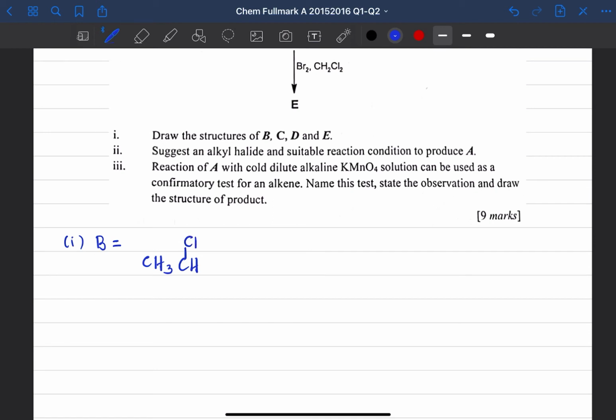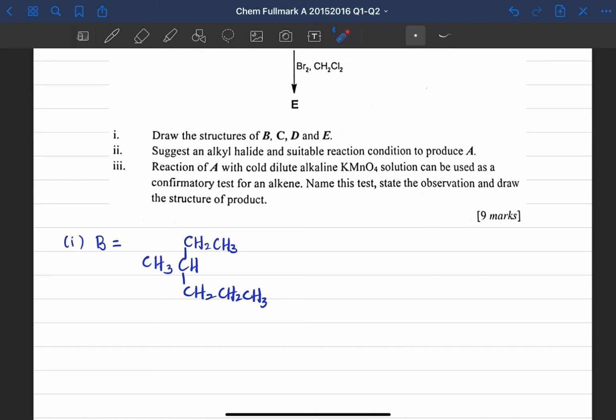So CH2, CH3, CH2, CH2, CH3. So no more double bond here. Earlier we had a double bond here. So when we add hydrogen, we will have CH3, CH. So this is the structure of B.